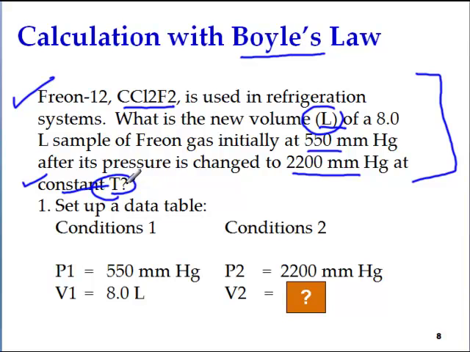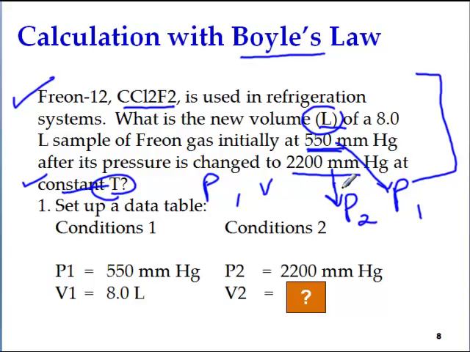So now that we know temperature is constant, and there is volume and pressure, there are 2 things that they're talking about. Let's isolate some more information. The initial pressure is 550, so this is our P1, which is our initial, and the second one is our P2.